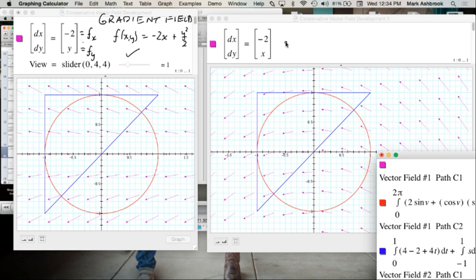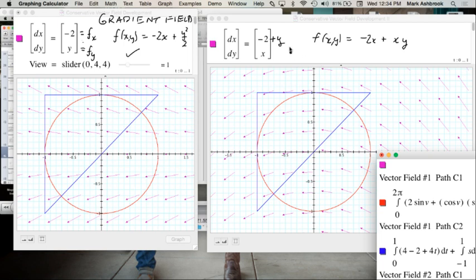How about this one? If we were trying to put this together, from this perspective f would be negative 2x, and from this perspective it would be xy. Does it work? No, because when you do the partial with respect to x, there's a y here that you don't have. If it were negative 2 plus y, you'd be golden, right? But you don't have this plus y.